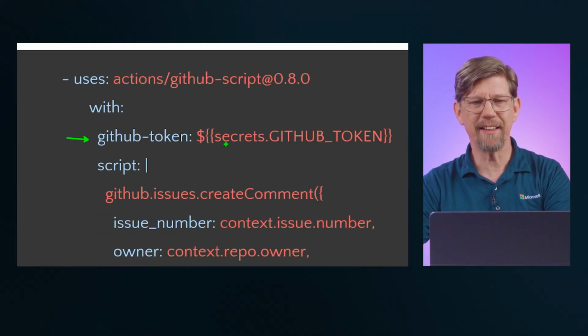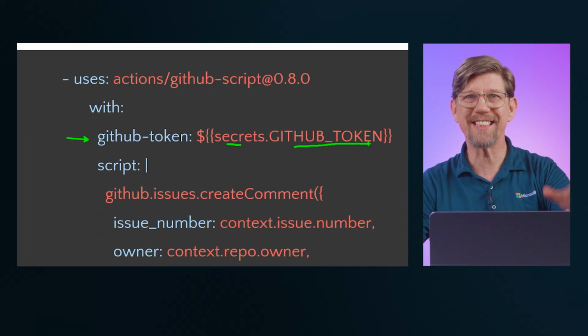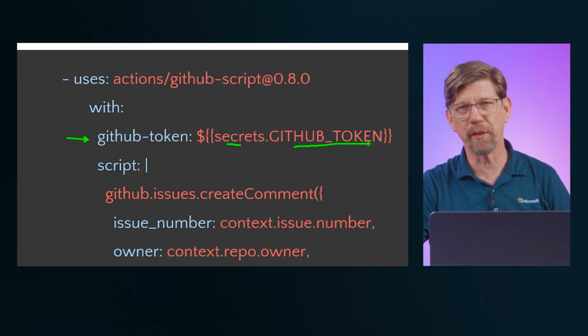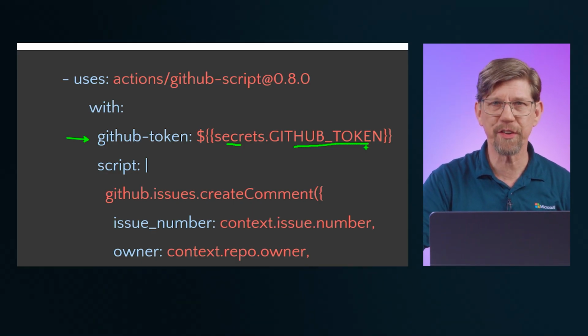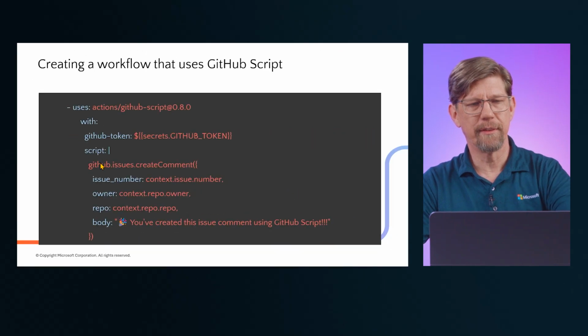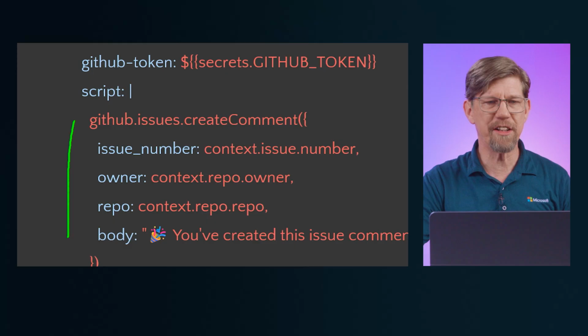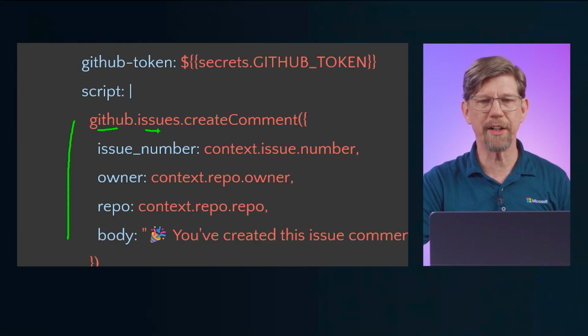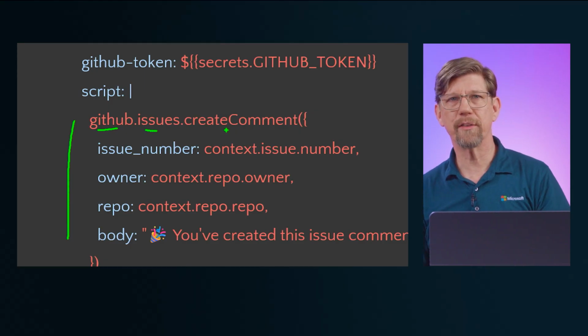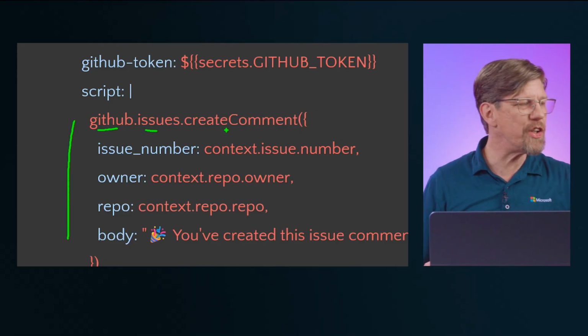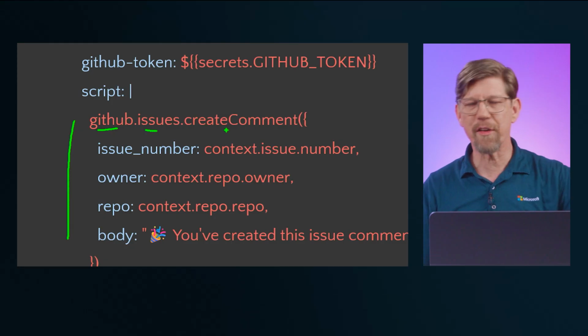So for example, here, we've got an action that is using GitHub Script that we pass in our secrets GitHub token. We have seen this before in earlier sessions. And then we have a relatively straightforward invocation. We're using github.issues, and we're calling out create comment. We don't need to know the underlying REST API.